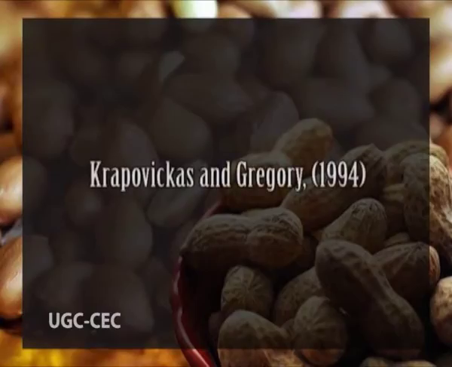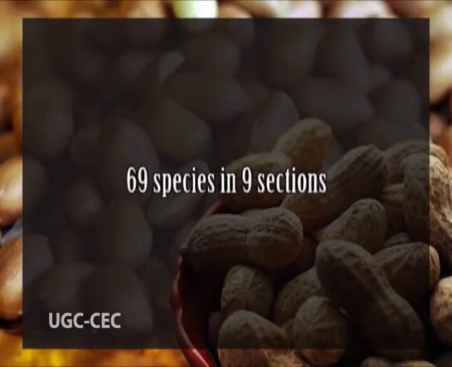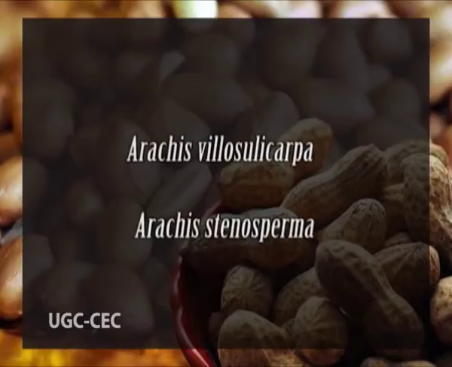The genus was in a state of confusion until 1994 when Krapovickas and Gregory published a taxonomic revision of the genus recognizing 69 species in 9 sections, generally described on the basis of morphological characters and life cycle attributes. Out of these species, Arachis hypogaea is by far the most economically important species in this genus. However, some other species like Arachis villosulicarpa and Arachis stenosperma are also being cultivated for their seeds.